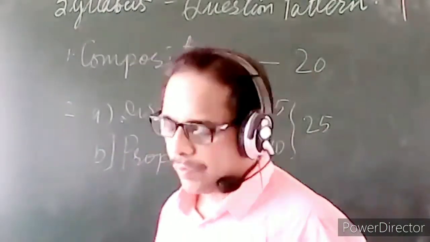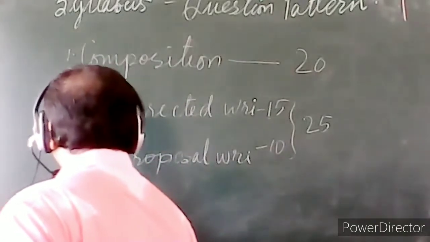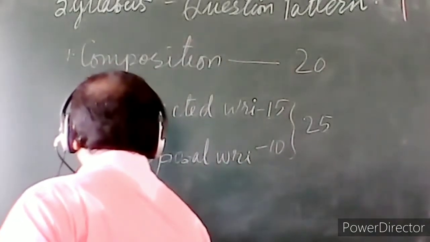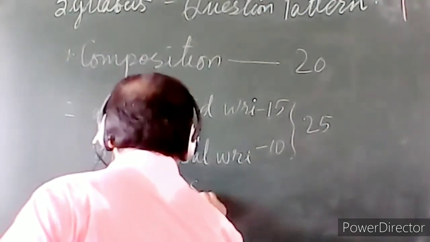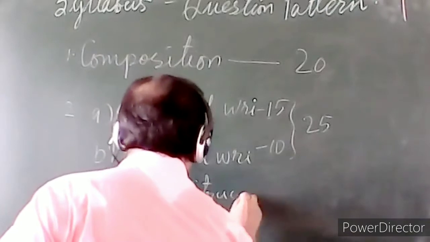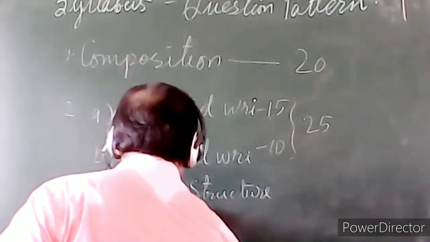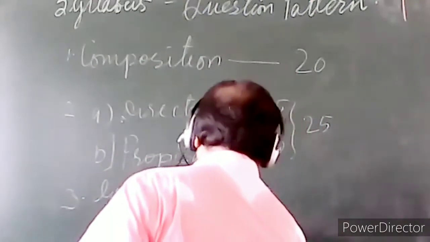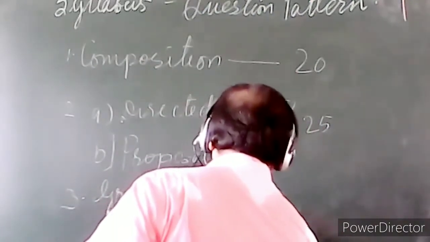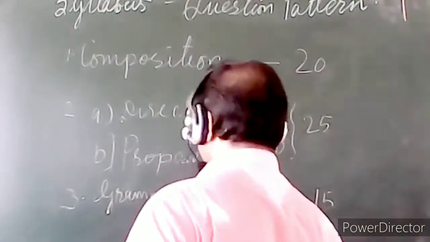And then you have a third question, that's from grammar, structure, usage. So that is 5 plus 5 plus 5 is equal to 15.